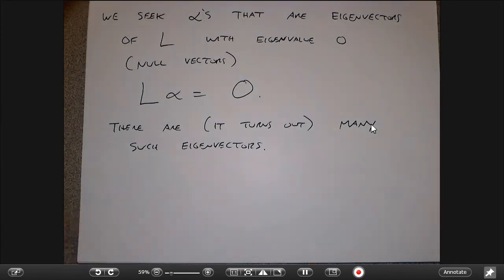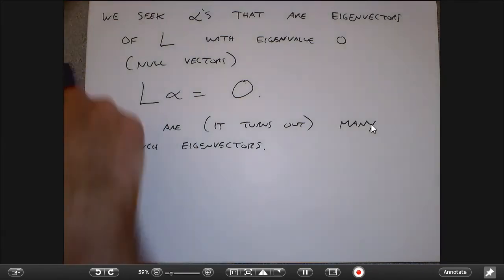So it's not like there's only one eigenvector that satisfies this, there are lots and lots. Part of that comes from the structure of the matting Laplacian. It turns out the matting Laplacian is very sparse, and that sparsity lends itself to having a bunch of very small eigenvalues, or 0 eigenvalues. And so the question that these people asked was, is there something that we can do with these eigenvectors?